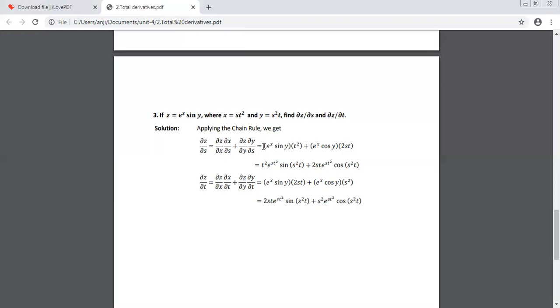So ∂z/∂x is e^x into sin y, ∂x/∂s is t², plus ∂z/∂y is e^x into cos y, and ∂y/∂s is 2st.